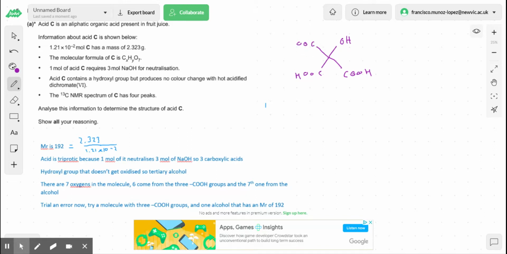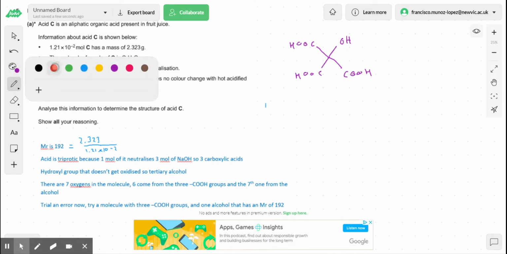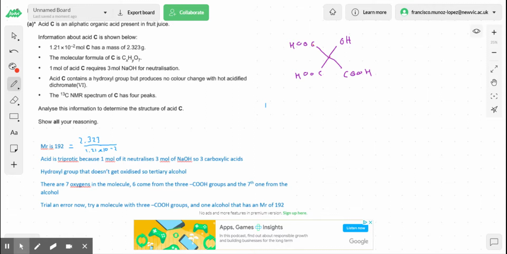And now we check. So the molecular formula for this one is going to be where we have 1 carbon, 2, 3, 4. So we have C4. Now, how many hydrogens? You could count them, but I don't like counting them. I prefer to do this. We have 4 carbons.